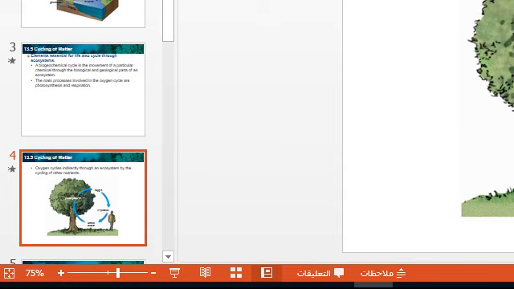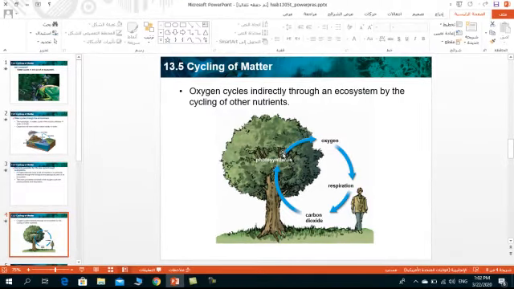During this process, the plants use the sunlight energy and, of course, the carbon dioxide found in the air, and then they convert them into carbohydrates, which are considered to be the plant's food stored inside it, and they release oxygen. This oxygen is going to be used by living organisms during their respiration process. They take oxygen and they give back, or release, carbon dioxide again to the atmosphere.